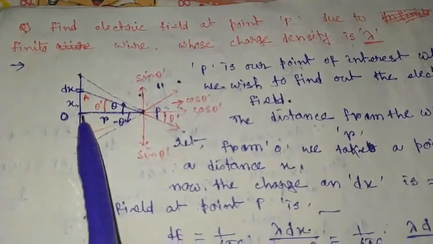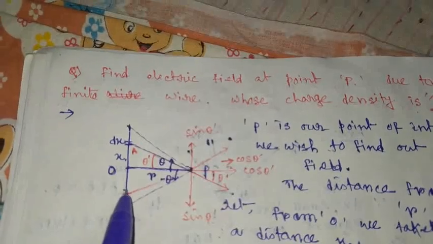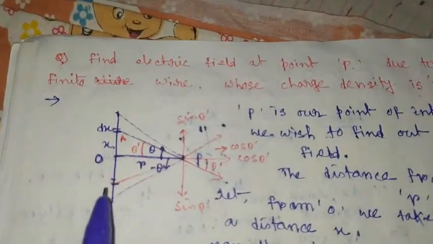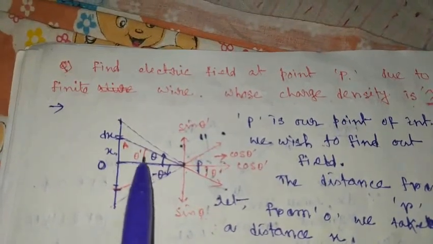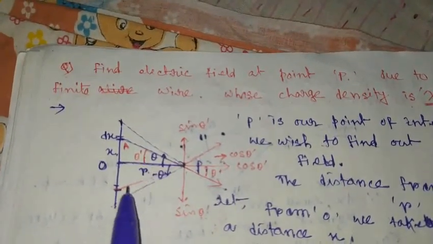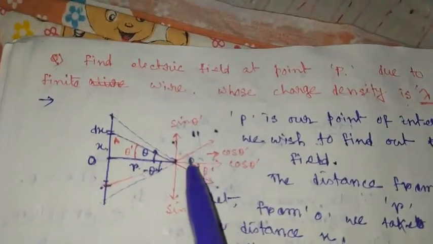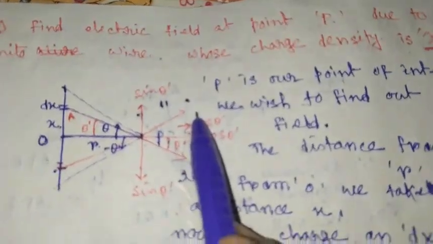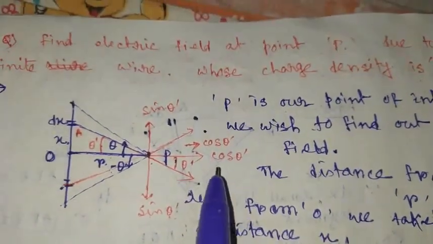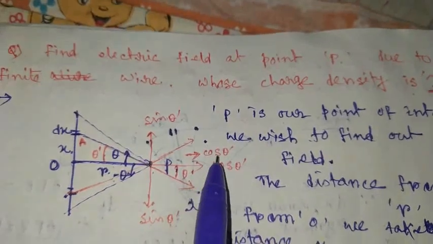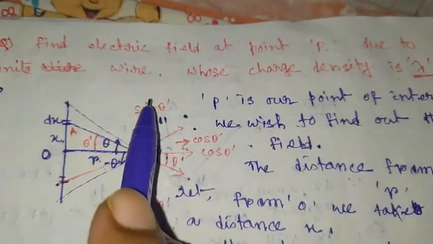And again, if we take another dx element here below the O point, making the same angle theta prime, then due to this dx element the electric field will be in this direction, and again it has two components, cos theta prime in the positive x direction, and sin theta prime in this direction.